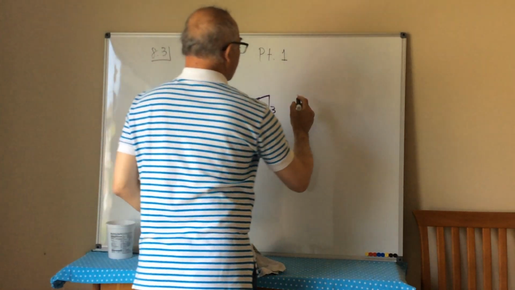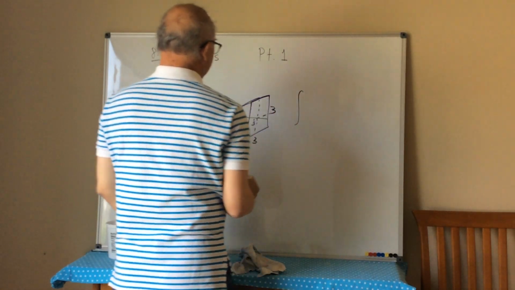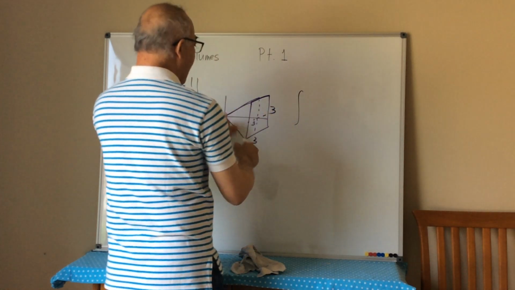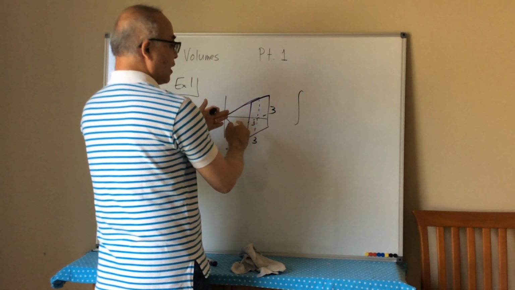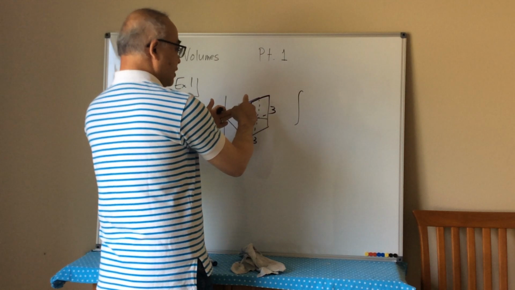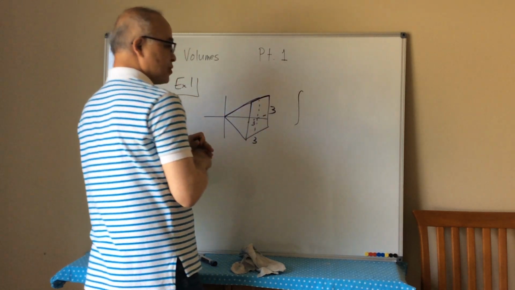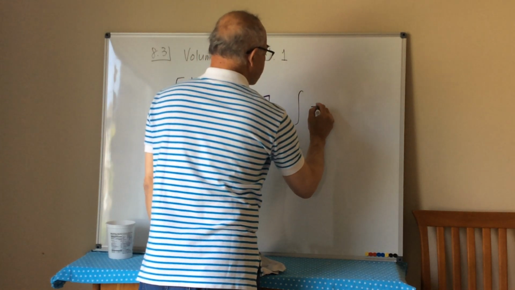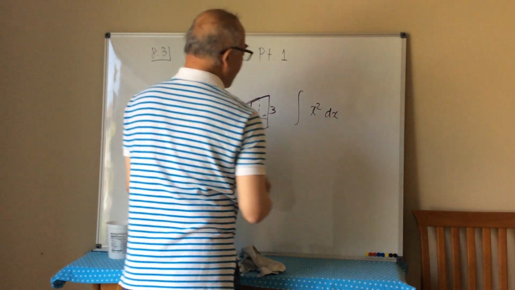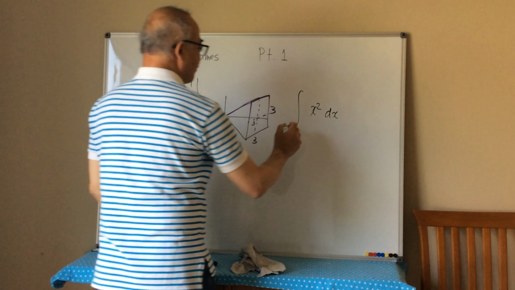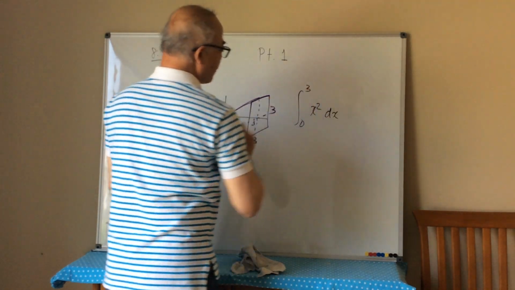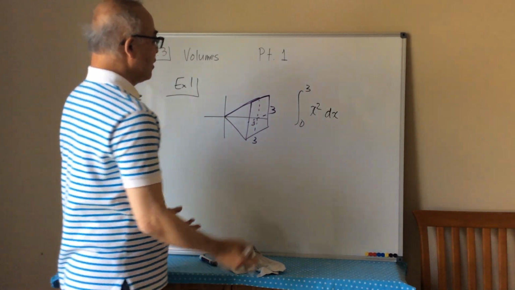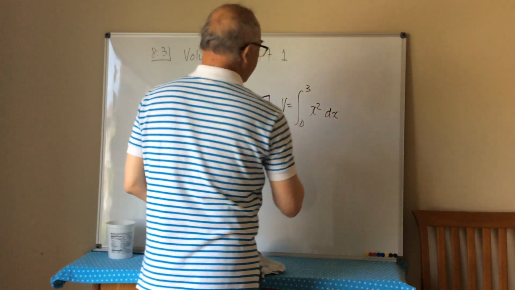So when I have an x, what is my area? My area is going to be the side times the side, because it's a square. Each side is going to be x, so it's x squared dx, and I'm going from 0 to 3. There's no spinning around here, so there's no pi or anything like that. So this would be the volume.